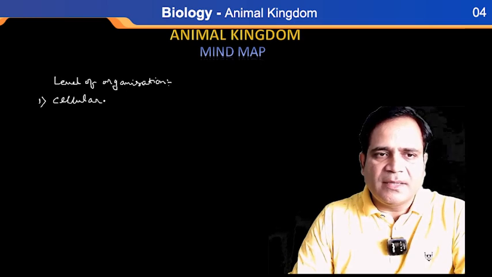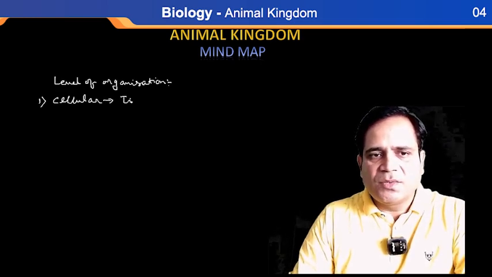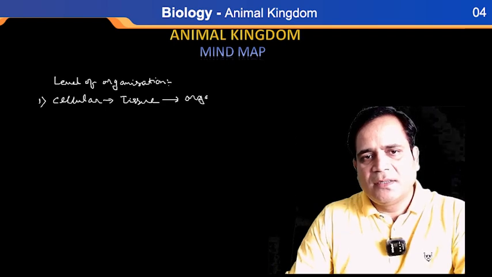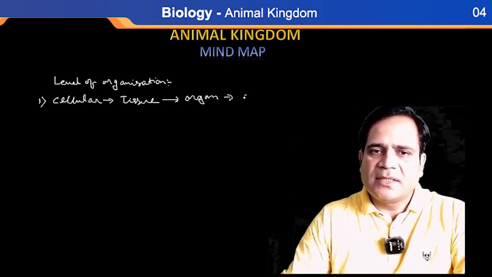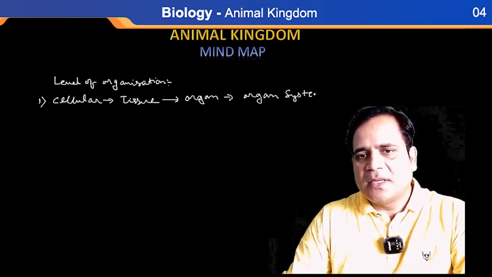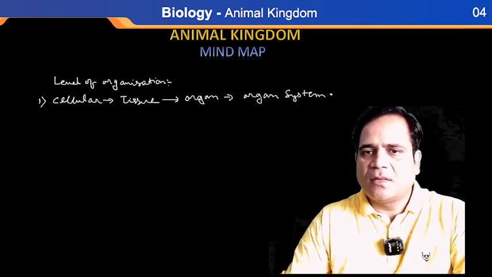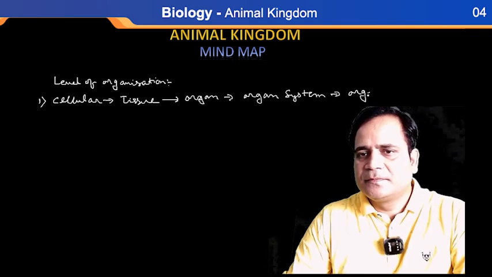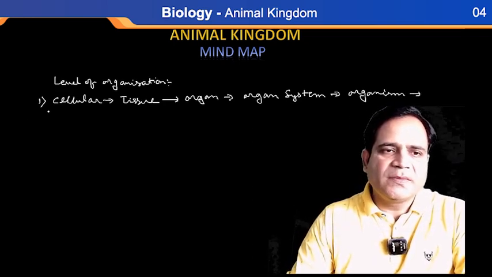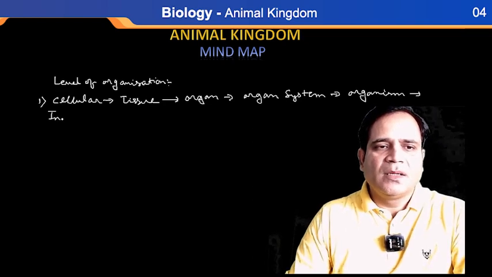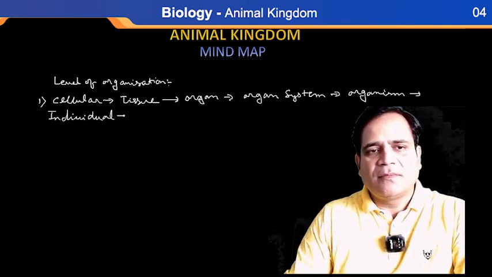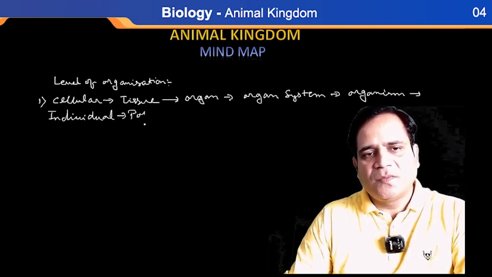Cellular level means the cell, then the tissue level, then the organ level, then the organ system level, then the organism, that is the individual.